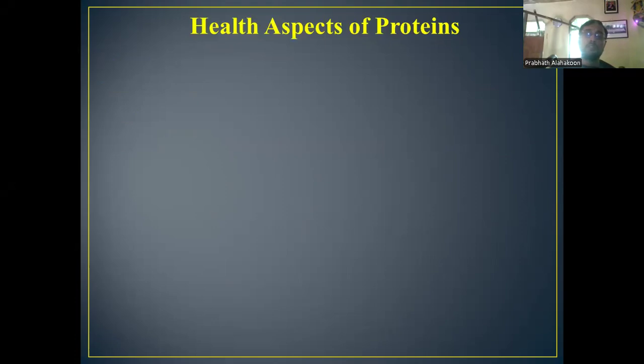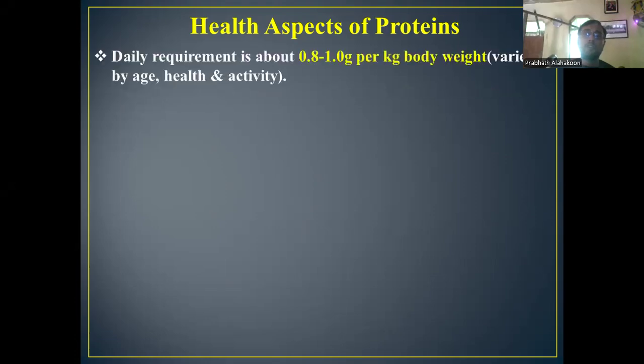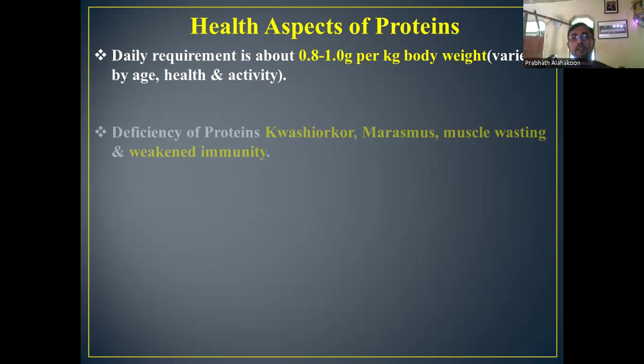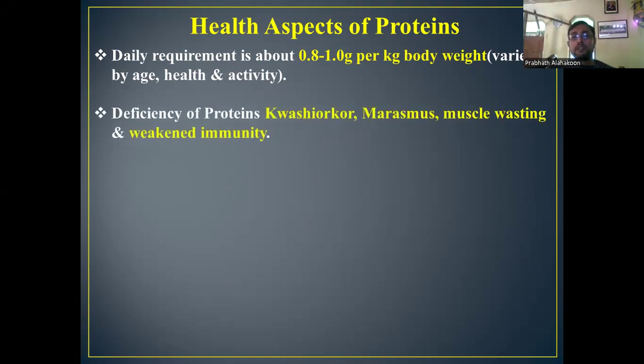Okay, we come to the next topic. It is health aspects of proteins. Daily requirement is about 0.8 to 1.0 gram per kilogram body weight. Varies by age, health, and activity. Deficiency of proteins.